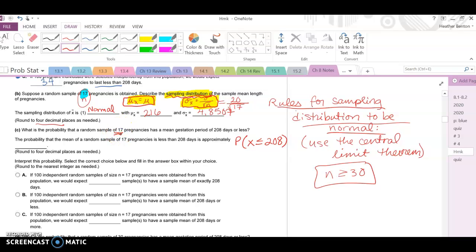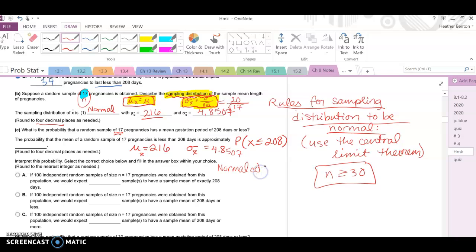Because we're still dealing with our sampling distribution, we still have to use our mean of 216, the population mean, and we're still using sigma subscript x bar, which we got to be 4.8507.